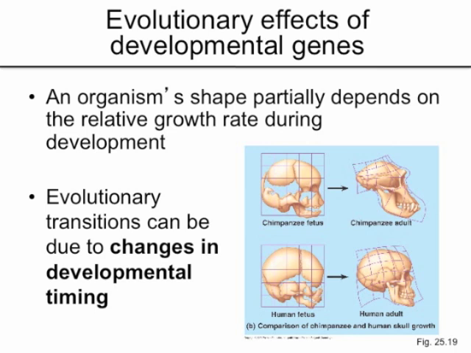So evolutionary transitions can be due to changes in developmental timing, and that's what I'm getting at here: when different genes turn on, which cause growth in certain parts of the body, that can lead to differences in organisms. And if that change is an advantage, it's going to perpetuate.